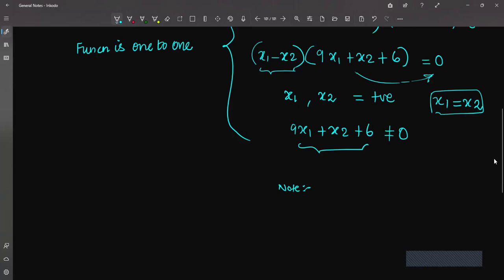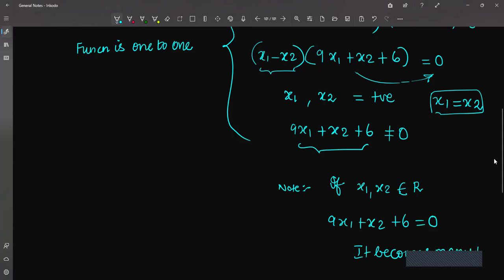So 9x1 plus x2 plus 6 can still be equal to 0 when x1 and x2 are both from the real number set and not from the R plus set. So if x1 and x2 belong to the R set, then 9x1 plus x2 plus 6 can still be equal to 0. Then it becomes a many-to-one function.